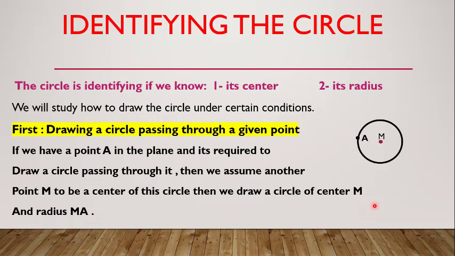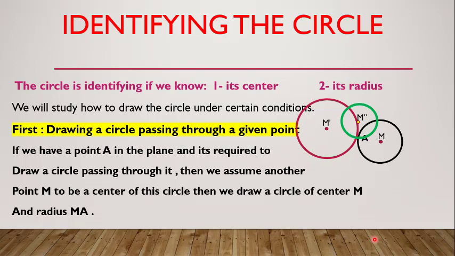Another student can choose another center, for example, M dash. And in the same way, open the compass as the distance between M dash and A. So I have another circle. Or you may choose another center like M double dash, and then also open the compass as the distance between M double dash and the point A and draw another circle.